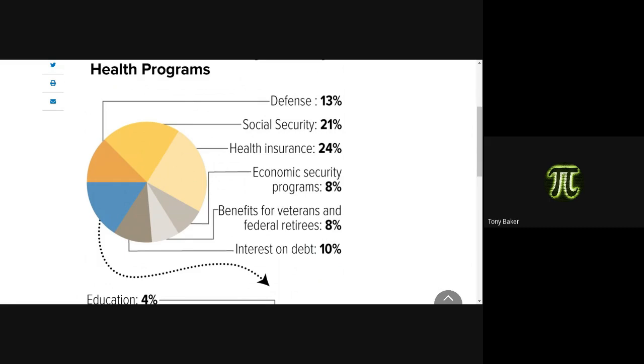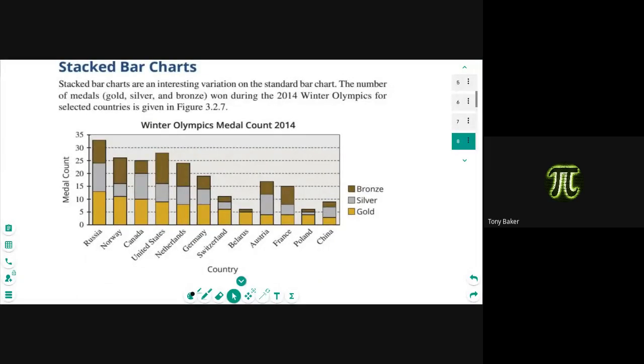One other bar graph that you'll see quite often is a stacked bar graph. And it would help if I showed the right graph. There we go. These were Winter Olympic medals. So bronze, silver, and gold.